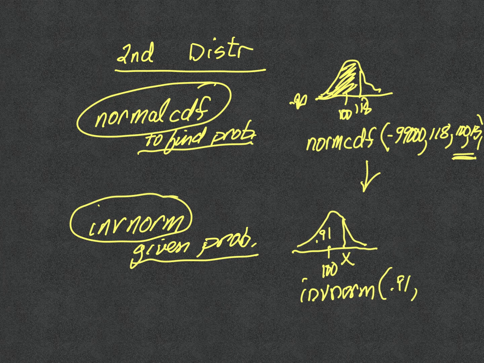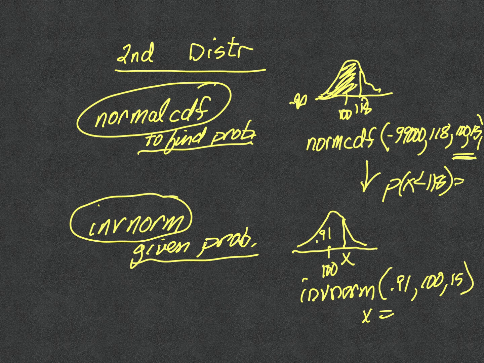So you put 0.91, and then you tell it what the mean and standard deviation of this data is. And if you do that, it will give you the x value. So x will equal, all right? And here it will give you the probability that x is less than 118, all right? And that's how those statements work.